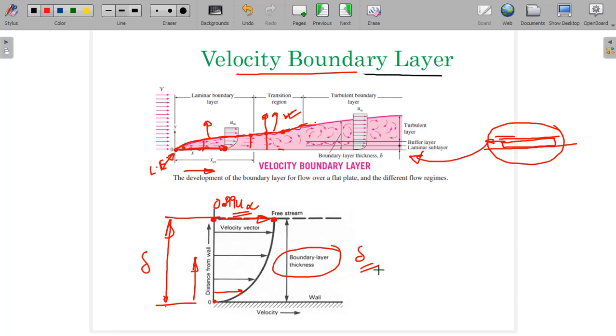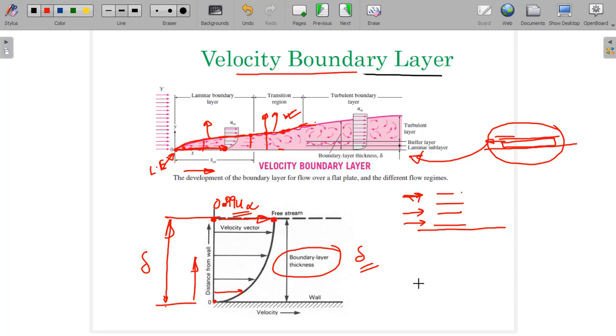So now let us try to understand why the boundary layer actually forms. That means why the velocity variation takes place within this small region. If there was no viscosity, and there is a flat plate and some fluid is flowing at velocity u infinity, you will find everywhere the velocity is the same and no velocity variation will be observed.